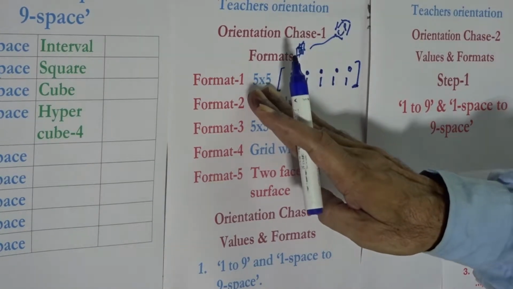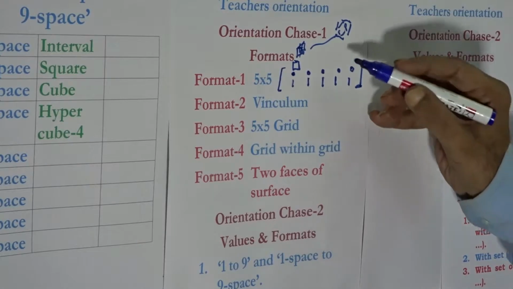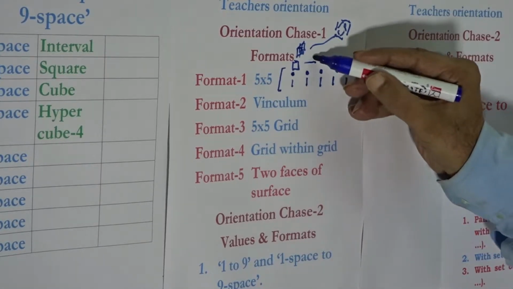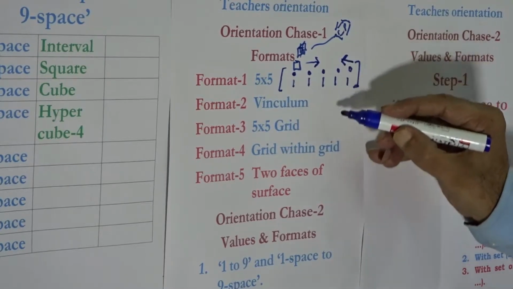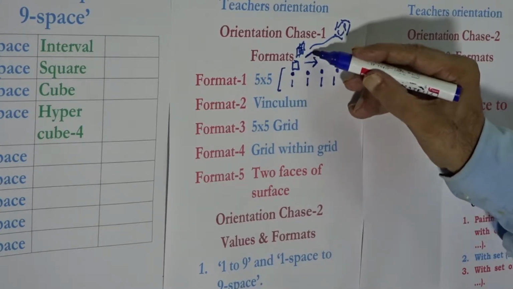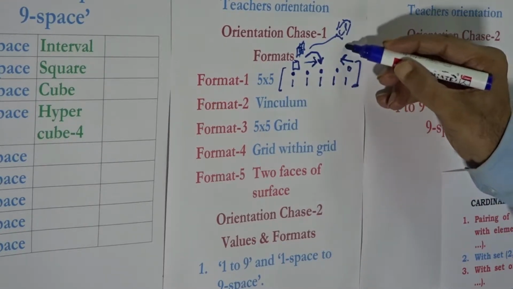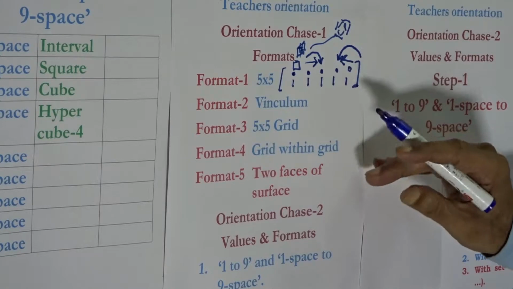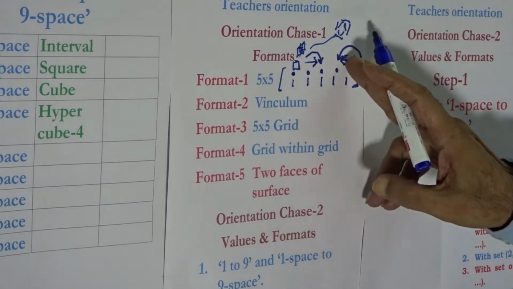If we know counting 1 to 5, the same will lead us to forward counting and backward counting. It will also give us counting with a jump: forward counting with a jump, backward counting with a jump. Then the same will lead us to equal jumps or unequal jumps.